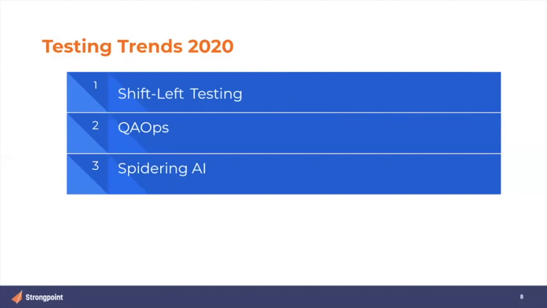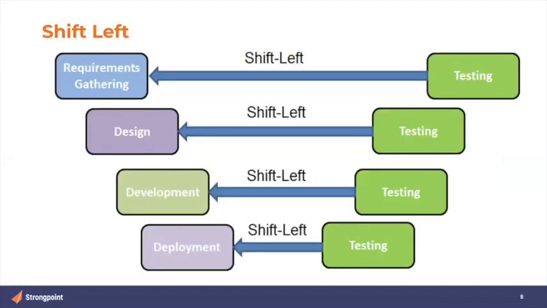If we go into QA ops or shift left, great idea. At the end, it is about getting your QA team involved from the very beginning, in all the stages. Don't leave them in a silo, don't leave them in a locked room till we need them. Get them involved.